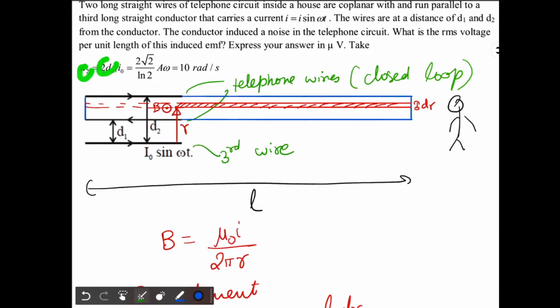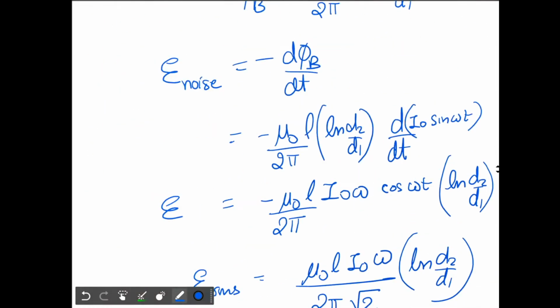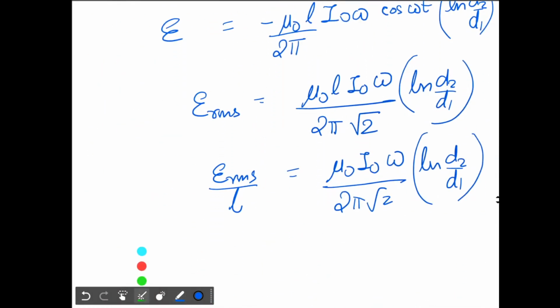Now d2 is 2 d1, and I naught is 2 root 2 by log 2 amperes, and omega is 10 radians per second. So d2 is 2 d1, giving log 2 here. Then mu naught by 2 pi will be 2 times mu naught by 4 pi, and mu naught by 4 pi is 10 power minus 7.